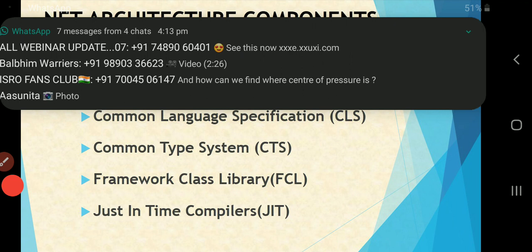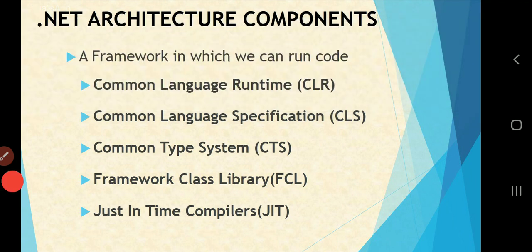The next is the Common Type System. It defines a set of standard data types which is used by the intermediate language, that is MSIL.